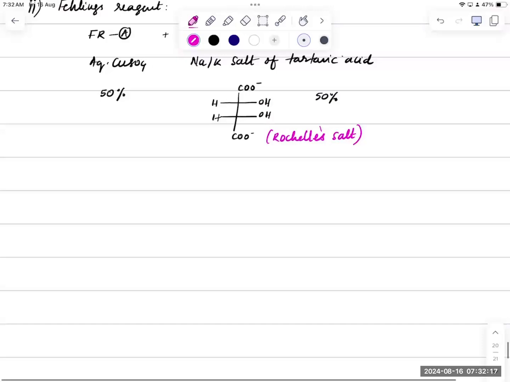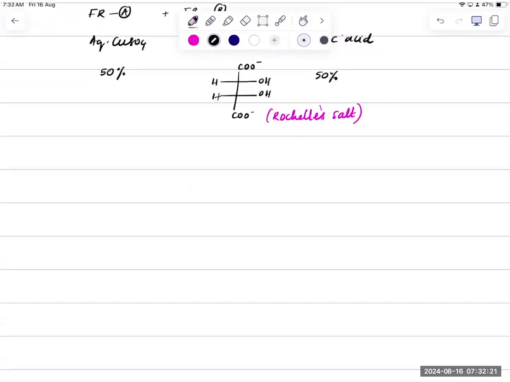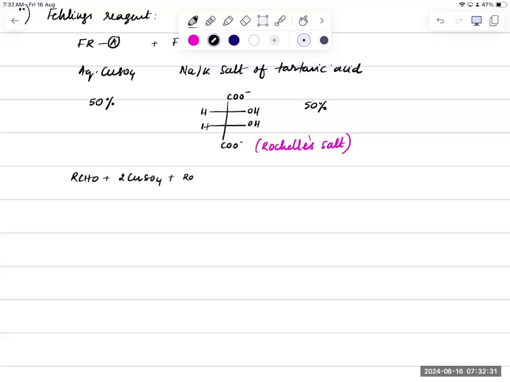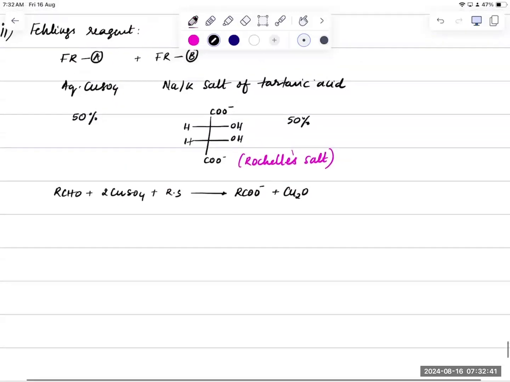Reaction is the same, whether it is Tollens reaction or the Fehling's reaction. So we will have RCHO plus 2 moles of copper sulfate in the presence of Rochelle salt, RS, Rochelle salt. It will give you RCO minus plus Cu2O.